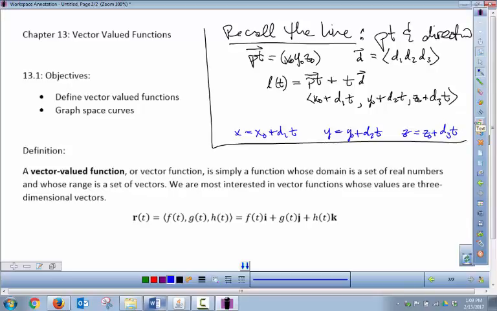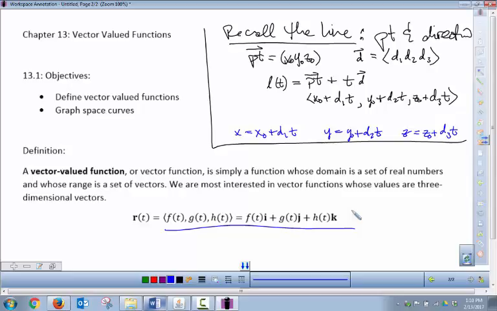So these vector valued functions would just be essentially a function in the x component, a function in the y component, and a function in the z component that would draw something in space. So now the interesting question is, what is it going to draw?